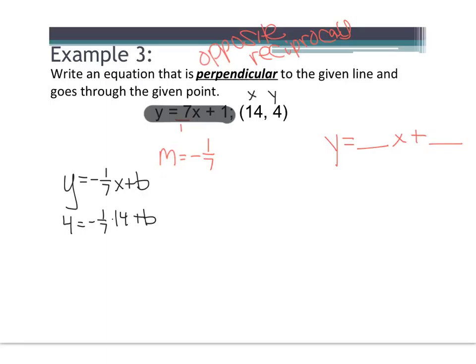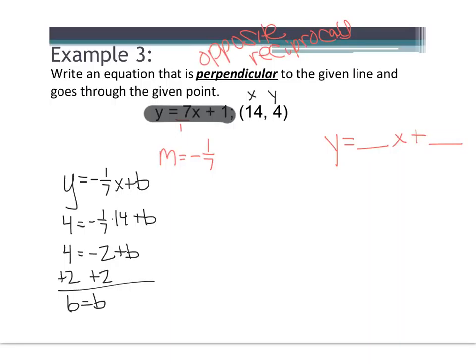Always be careful. Make sure you're plugging the right value into the right spot. Again, use your calculator to figure out what is negative 1/7 times 14. Careful to make sure you still have that negative in there. So you end up with negative 2 plus b. Adding 2 to both sides. So we end up with b is equal to 6.